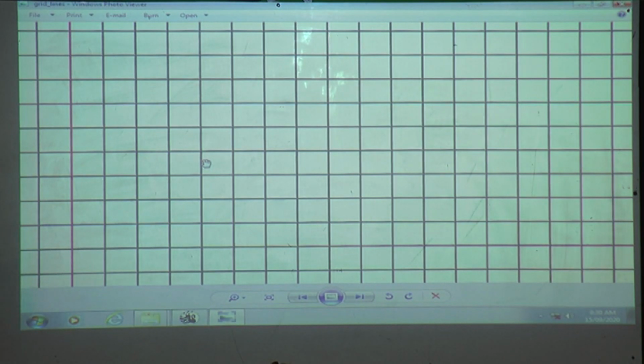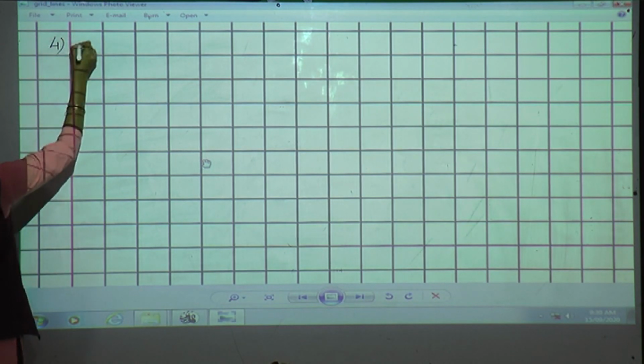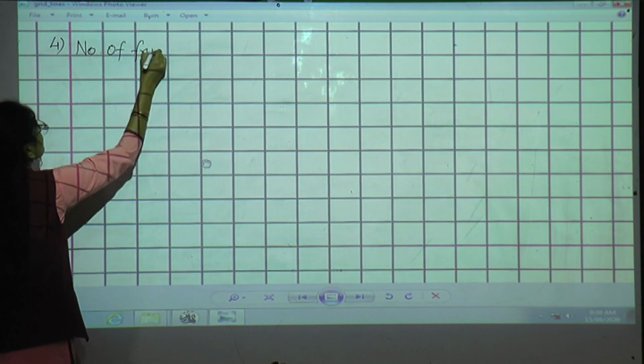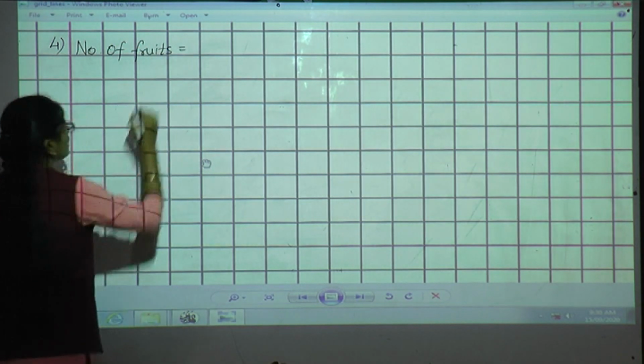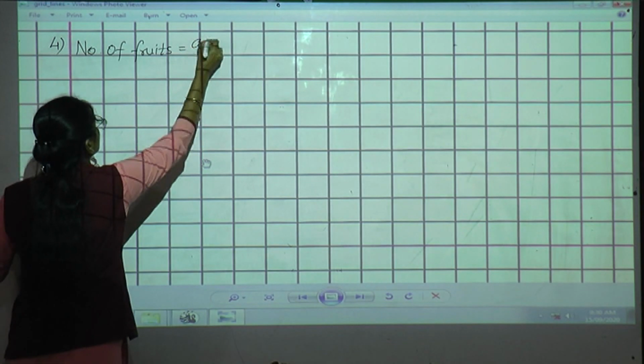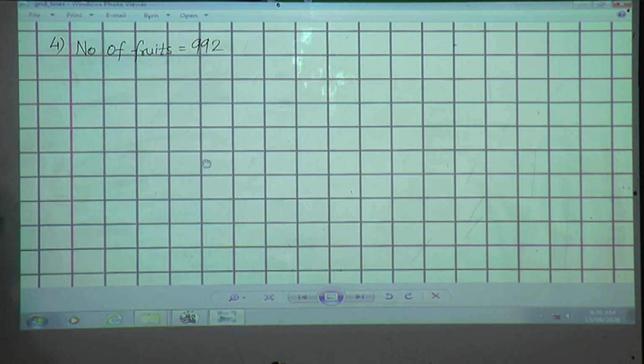So what we will write here first? Number of fruits. How many fruits are there? 992. Number of fruits is equal to 992.